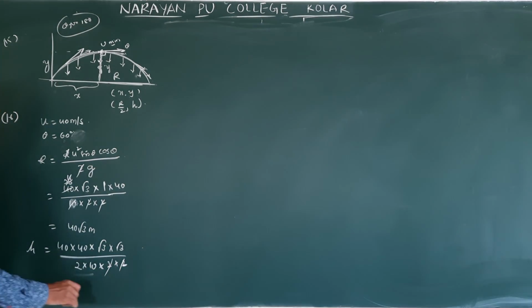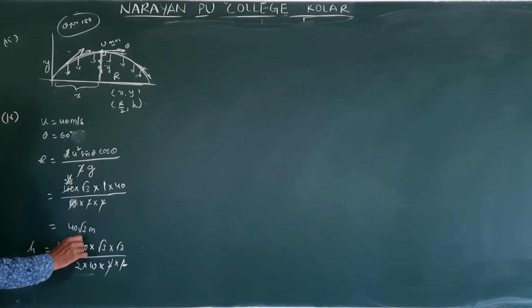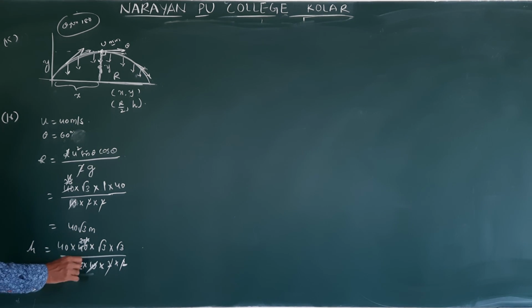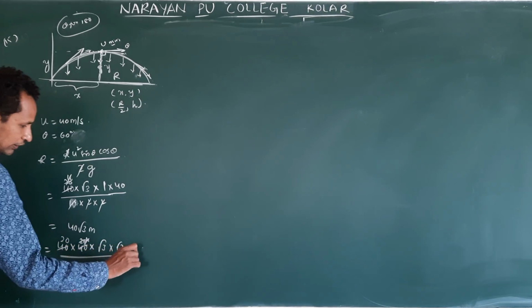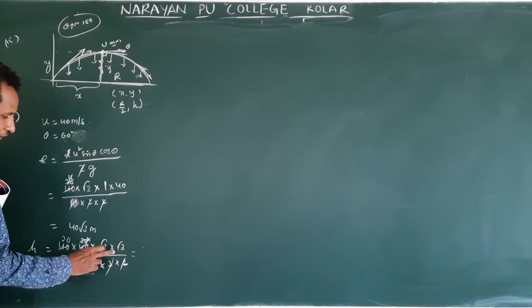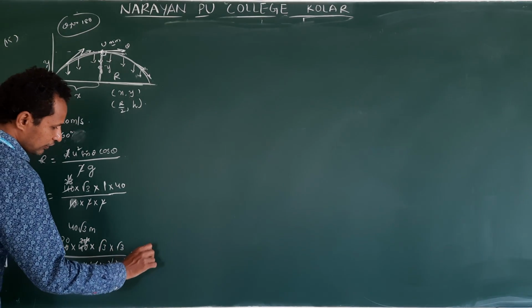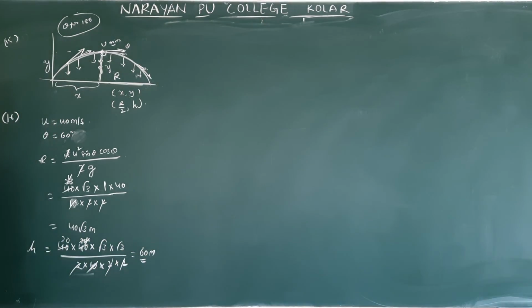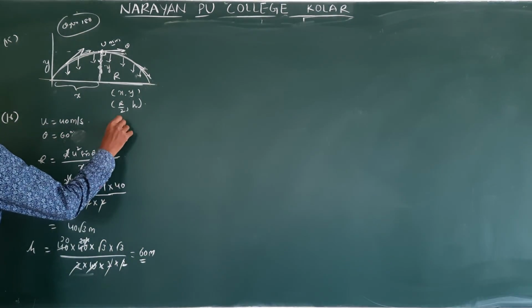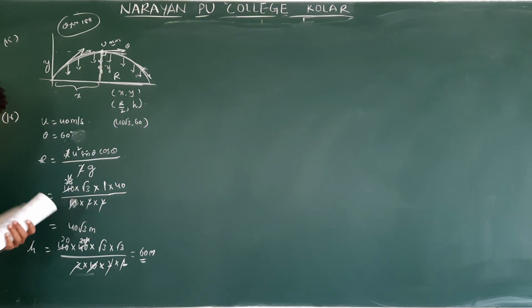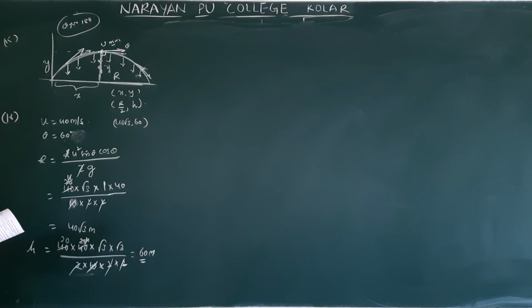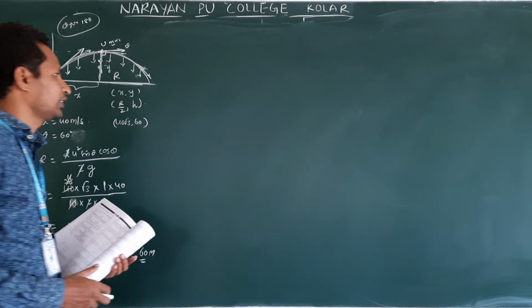Here 20, and this 10 and 10 cancel. Again 20 into root 3 into root 3, which is 3, so 3 into 20, 60 meters. So the coordinate is first 40 root 3 as the x value, next 60. Yes, 40 root 3 comma 60.